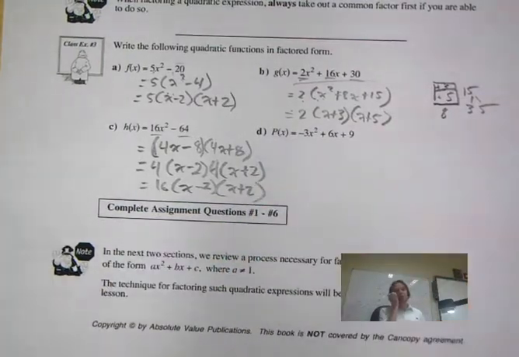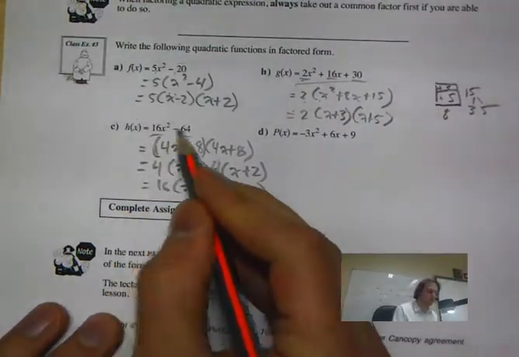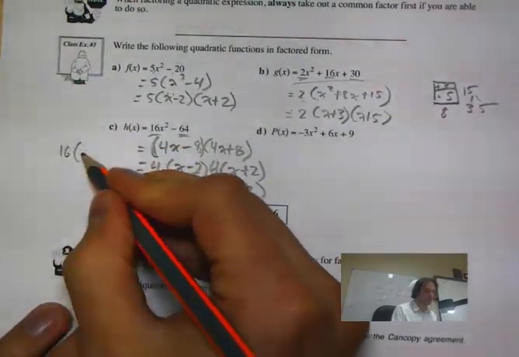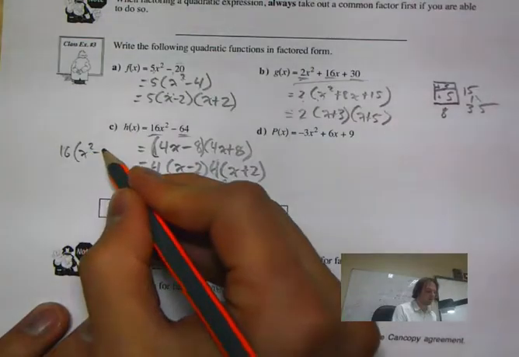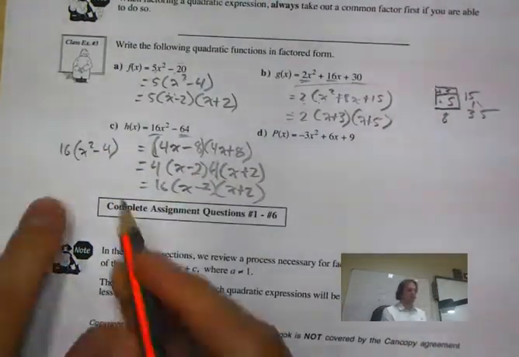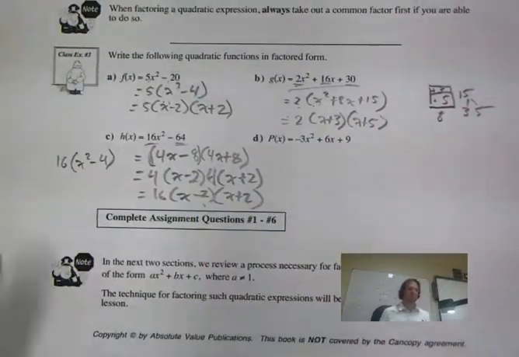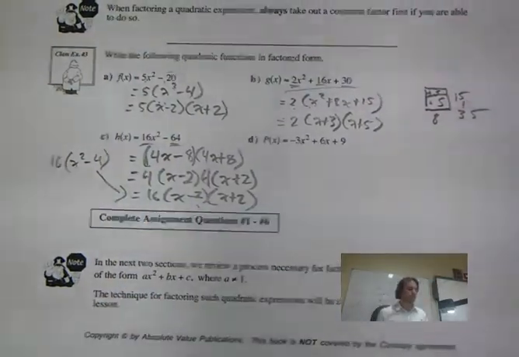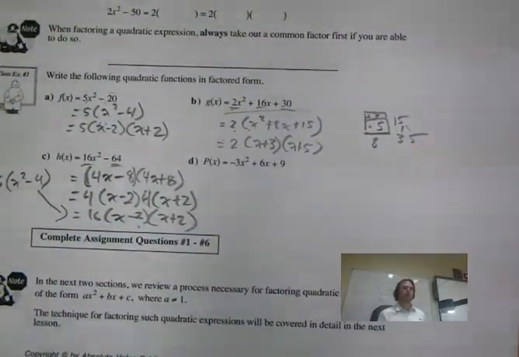An easier way might have been to divide both of these by 16 first. So I could have had 16 times x squared minus 4. And then I could square root both, and that would give me the same as this in my next step. So there's two ways you could have done that one. It's up to you which one you find easier.